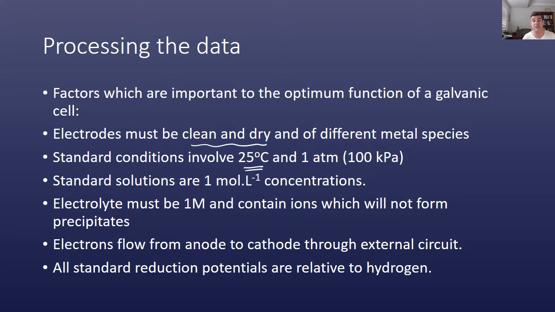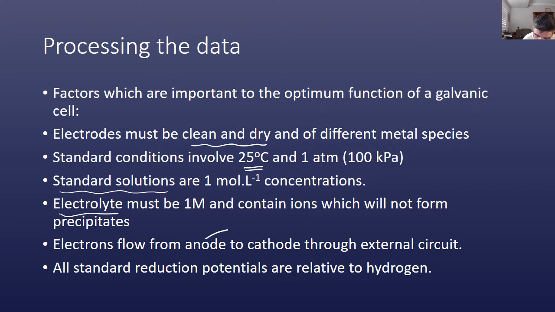Now the 25 degrees is pretty much the important one here, because depending on the season, the time of the day, it can be a temperature other than 25 degrees in the laboratory, and this can affect your results. Standard solutions and also electrolytes should be 1 molar solutions with plenty of ions in there to help conduct the circuit and ensure that the ions that are present will not form precipitates.